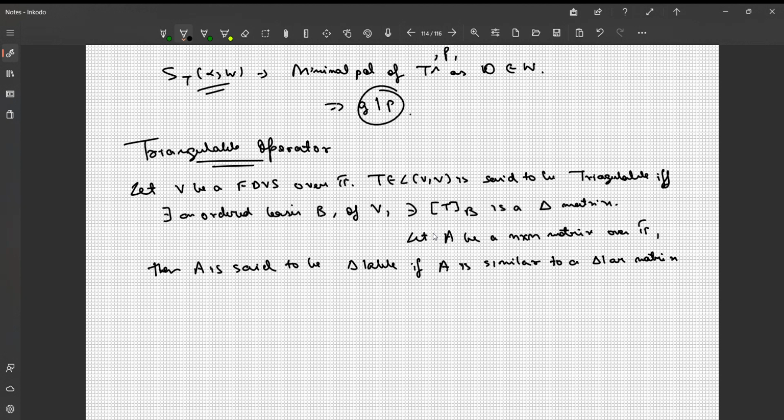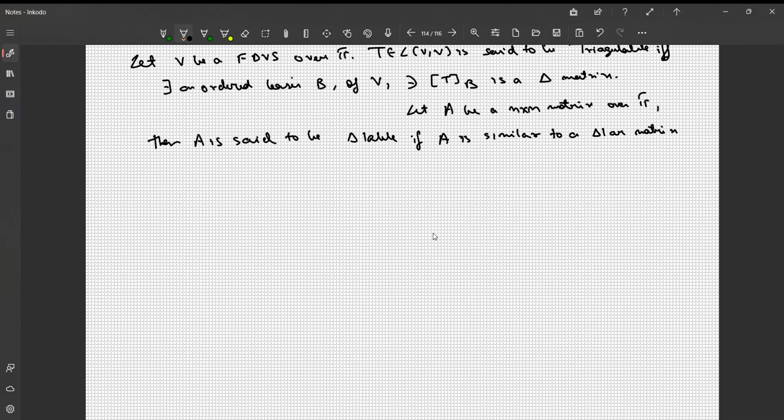So that's the basic definition. Okay. So we need to characterize the concept of triangulable operators in order to generalize, because obviously observe that any diagonal matrix is a triangular matrix. So having a certain characterization for triangular matrices will obviously give a certain characterization for diagonal matrices. So that's our concern for this lecture, as I said previously. Let's start with it.